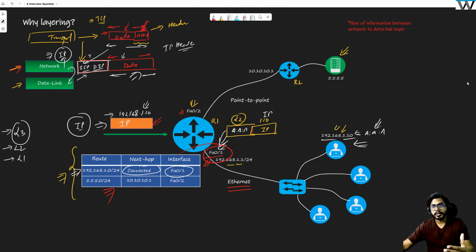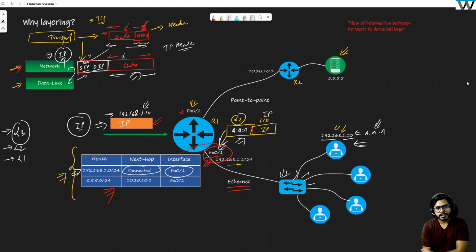So the router does that ARP. The router initiates that ARP towards this device over this Ethernet switch, obviously broadcasting this ARP packet, and that is why it got the ARP reply, and that is why it was able to create this frame in the first place and put it on the FA0/1 interface. Very simple. You all know that.